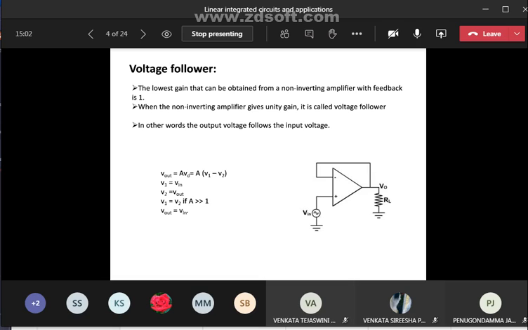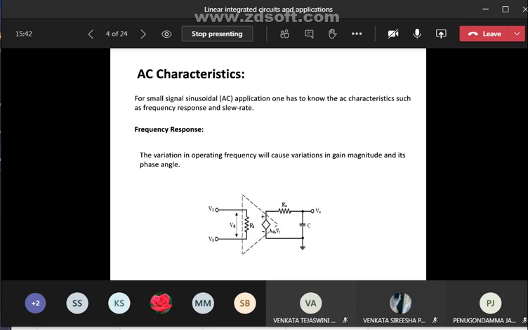When the non-inverting amplifier gives unity gain, it is called a voltage follower. Here the output voltage follows the input voltage. V out equals A into (V1 minus V2), where V1 equals V in and V2 equals V0. So then we can write V0 equals V in.